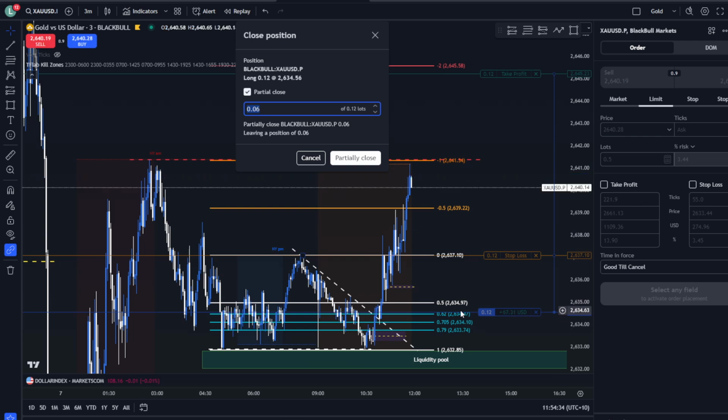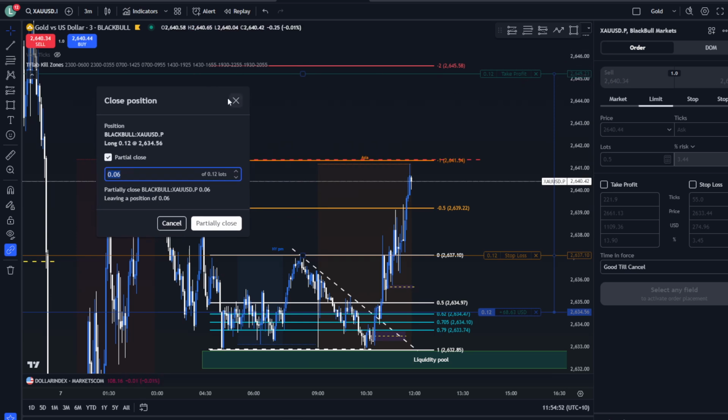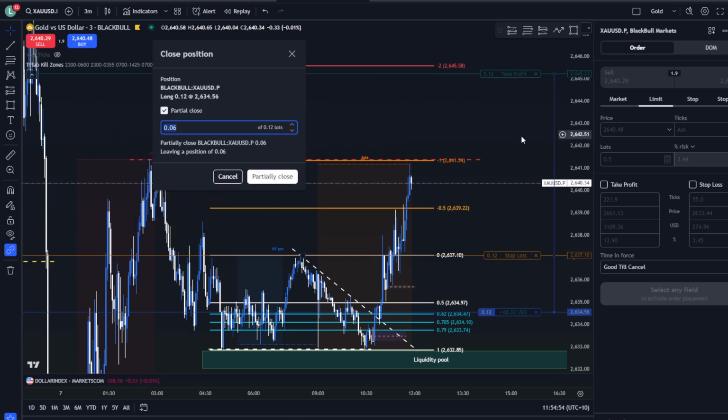That's as good a trade as you can ask for, to make it from all the way down here to all the way up here, with some partials, and then be stopped out at this level. Perfect. If it takes this and then keeps heading up, I might take profits a little bit early, but that's fine. That's not a problem. By this point there's really not much left on the trade, so I'm happy just to get out at that level.